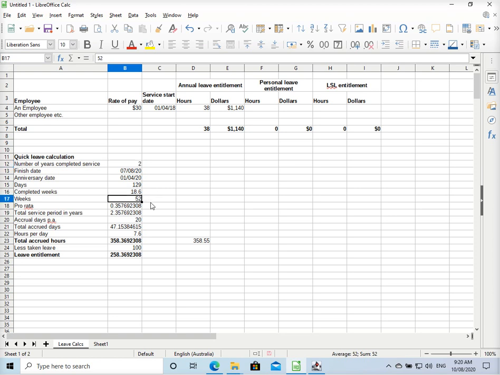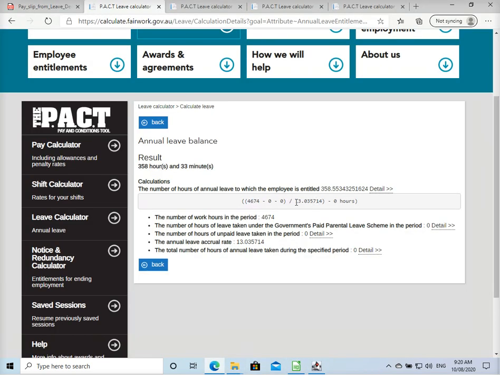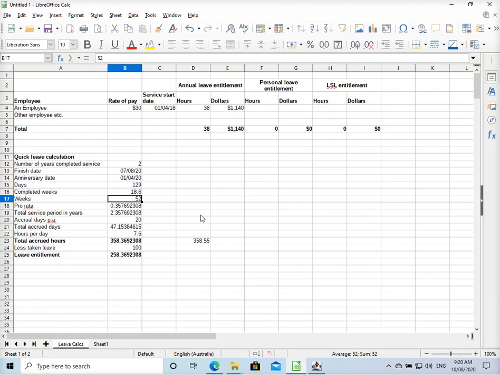The other thing is, I checked how they got this 13.035 number, and that is based on 365 over 7, based on the number of weeks in the year. Whereas I just used the 52.